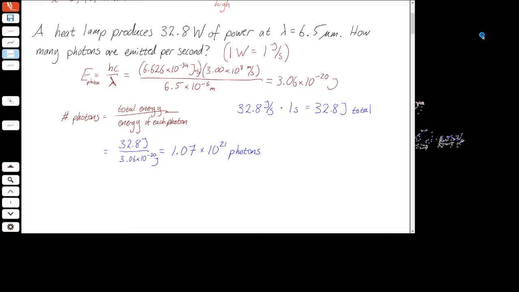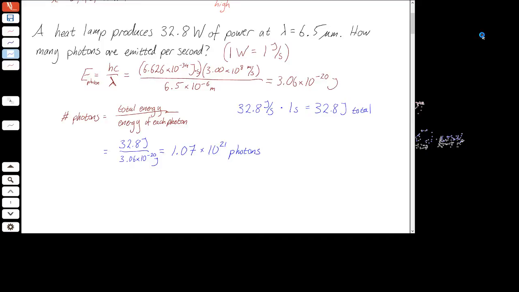That's our total number of photons. So we took the total energy divided by the energy of each photon. There's several questions like this in the homework. I'm not going to put a bunch of these on the exam, but you might see one. In general, they're looking at pulses or collections of energy that is really a collection of photons, and then you want to know the energy of each photon and calculate it accordingly.